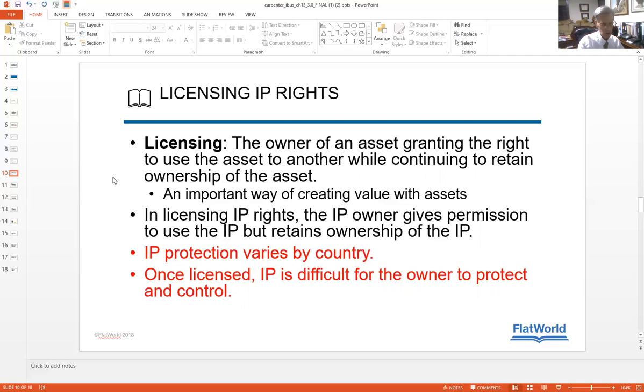So when a license has been written, giving a company in another country the right to use your patent or your process and so forth that's known only to you, then the cat's out of the bag.